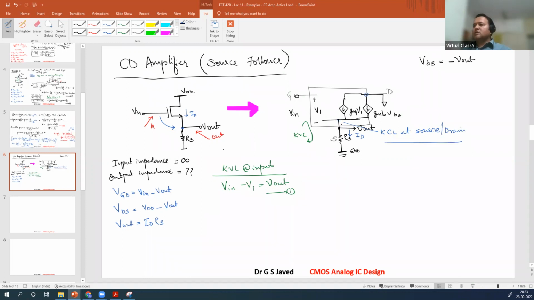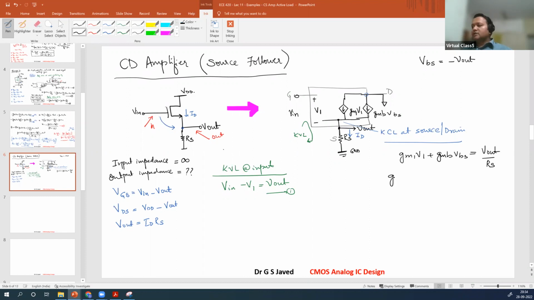So what will this be? If you apply KCL here, this current flowing through these two devices would be gm1 V1 plus gmb VBS is equal to Vout by RS. Now VBS is equal to minus Vout, right?